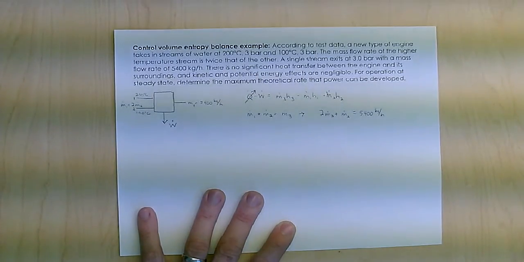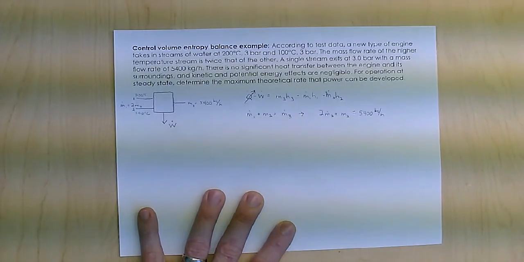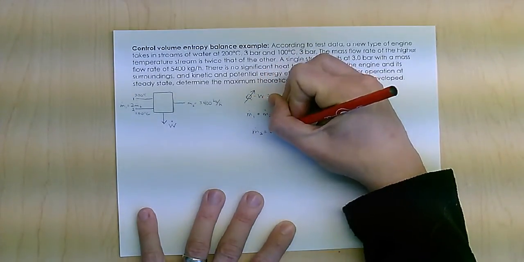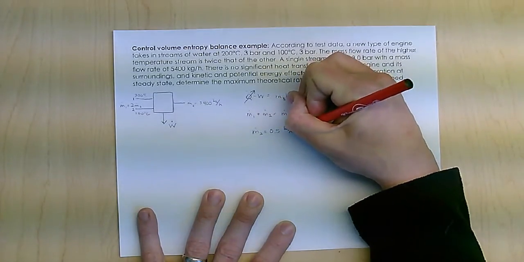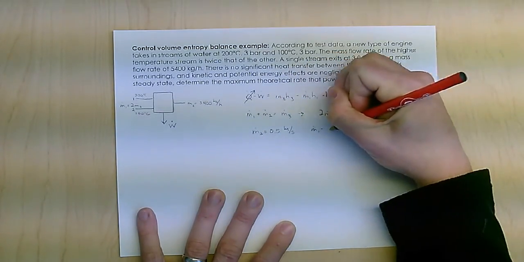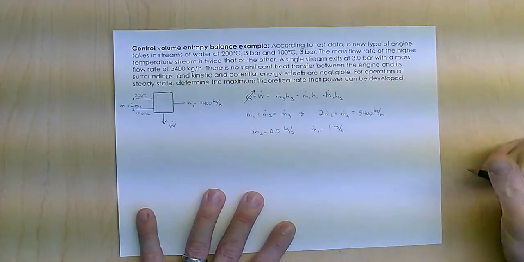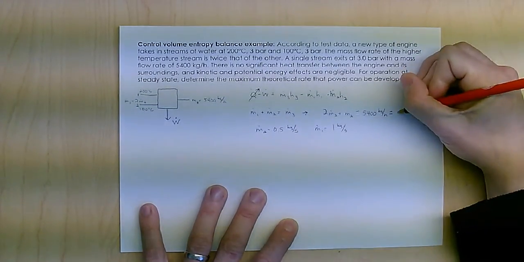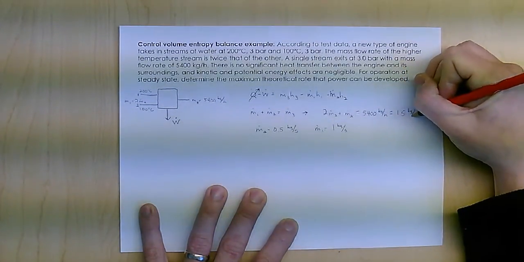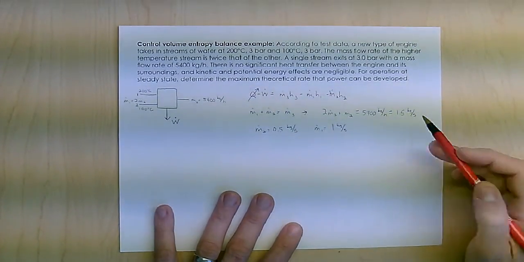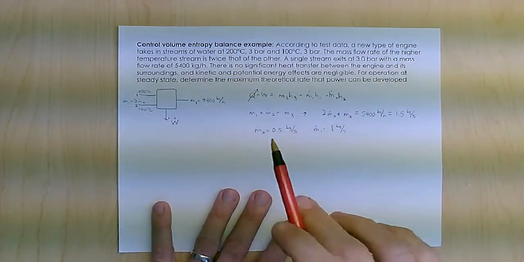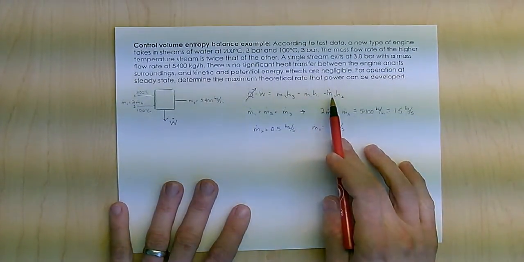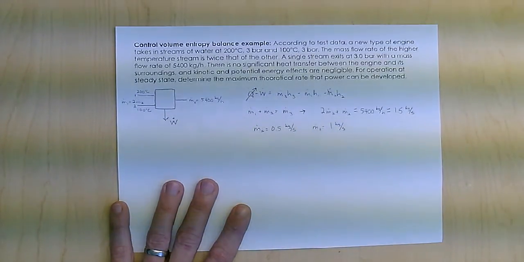So from this I can calculate that mass 2, converting to seconds, is actually 0.5 kilograms per second, and mass flow 1 is 1 kilogram per second. And this guy is then going to be 1.5 kilograms per second. Basically, just dividing that by 3600 seconds gives me that. Okay, so now I know my mass flows. Now I just need to find my H values to figure all of this out.